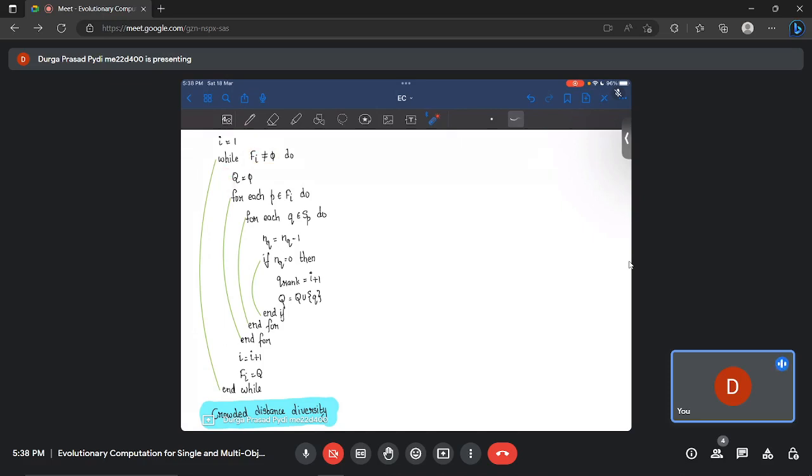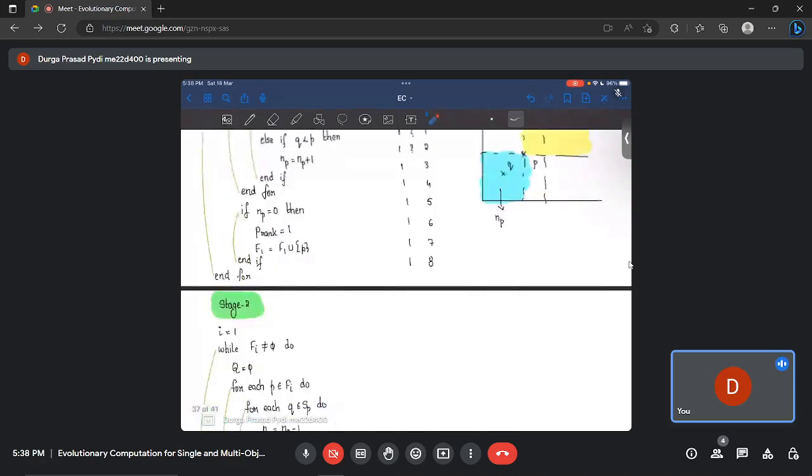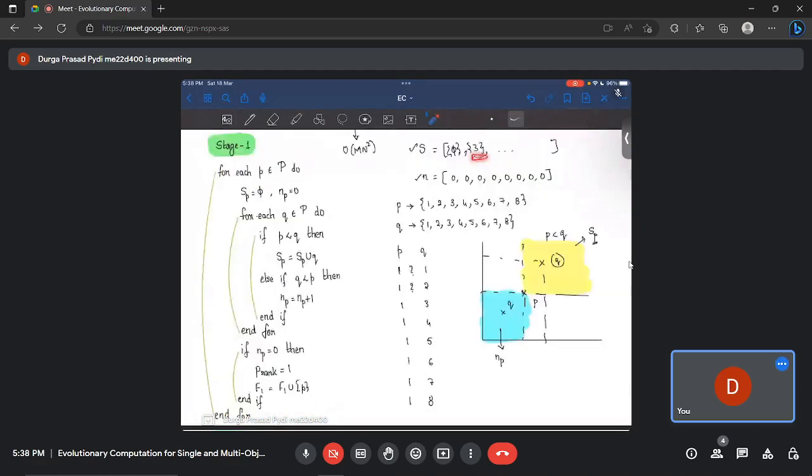After that, we iterate element by element in the first front, and for each of them there is an SP associated with each element. Like here, if you recollect, for S2 there is an element called 3. This element over here is a 3 for the S2 value. So this second loop is essentially for that.